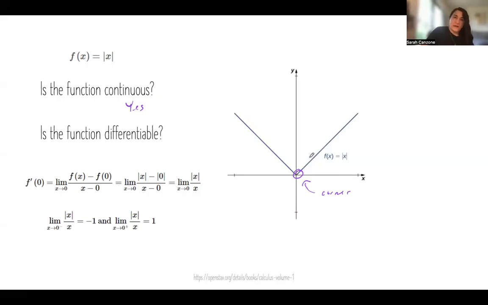And the reason why it's not differentiable is because of the idea of a limit. We know the definition of a limit is, in order for the limit as x approaches a of f of x to be equal to L, that means that the limit as x approaches a from the right of f of x must be L, which also must be the limit as x approaches a from the left of f of x.